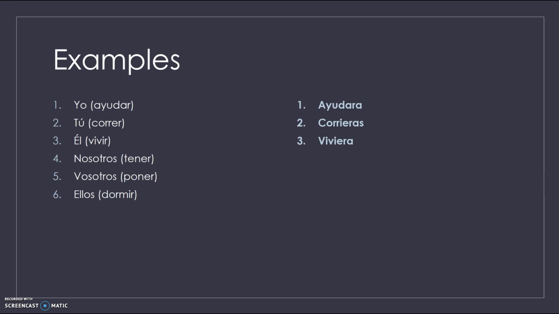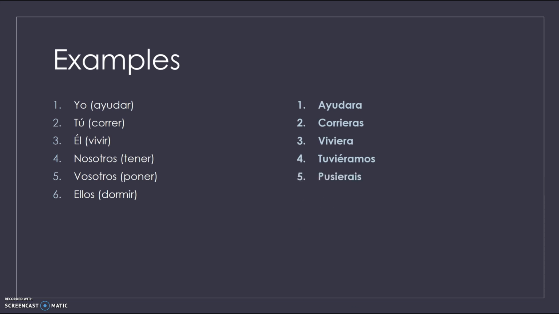Nosotros tuviéramos. Now this is an irregular, but it's not technically an irregular. We have to remember that tener becomes tuvieron. And when we drop the on, we're left with tuvier, and we add our amos and our accent mark. Same thing happens with poner.